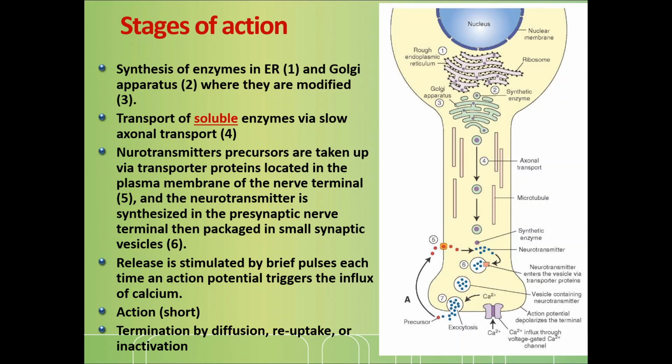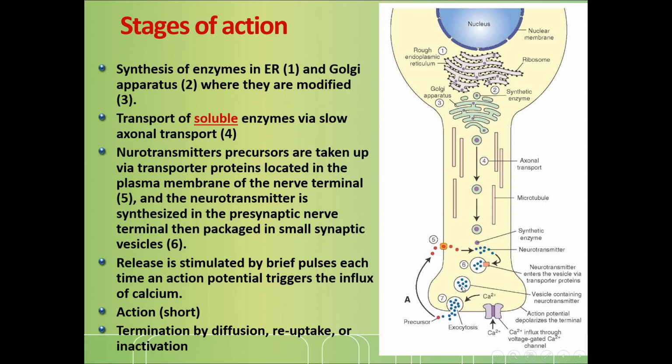So the precursor of these neurotransmitters is taken up into the cells via certain carriers or transporters, and they have synthesis of the neurotransmitters in the cytosol. And then they are packaged into synaptic vesicles, where they can be modified further.